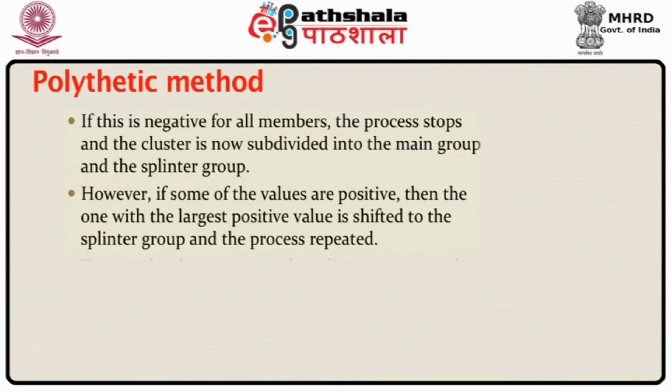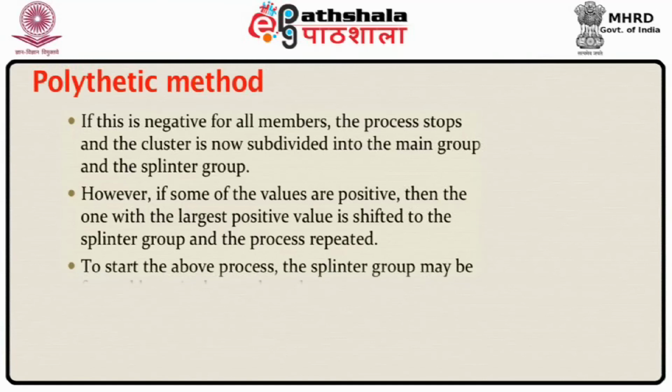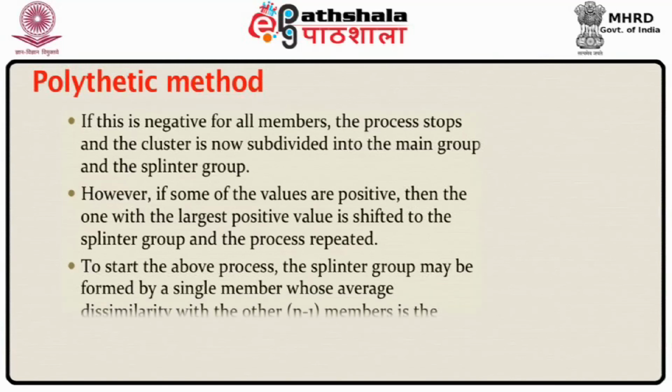But if some of the values are positive, it really means that that member is closer to the splinter group than to the original group. In this case, we need to shift this individual to the splinter group and then repeat the whole process. We continue with the process till there are no such positive values. So till all the values come out to be negative, we continue to shift members from the main to the splinter group.